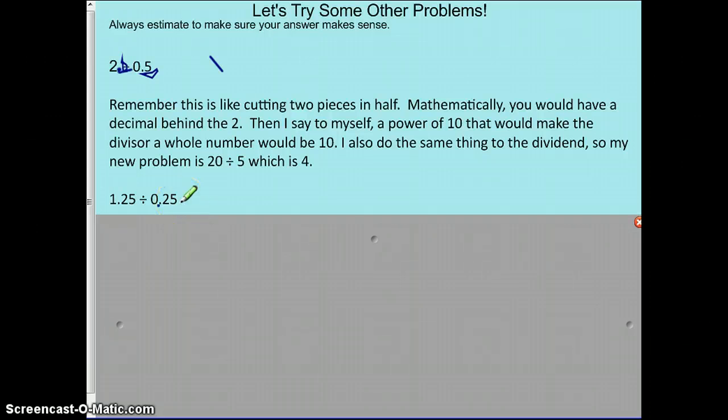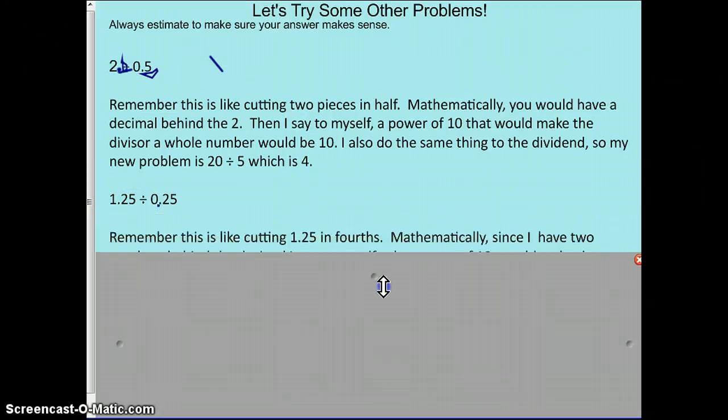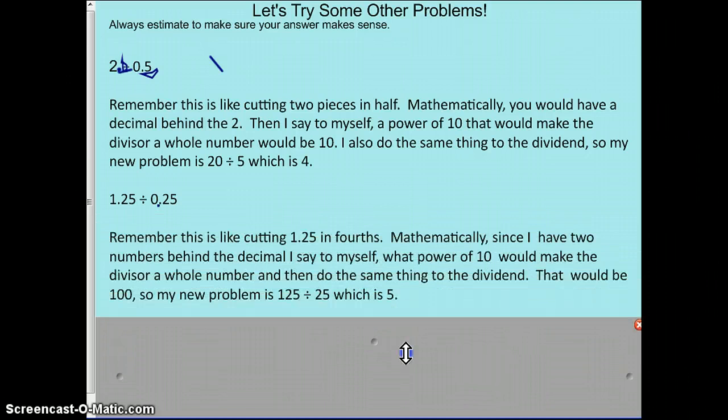It would be right behind here. So it would be 25 now. If I multiply that by 100, because I moved it over 2, then I multiply this by 100. So now my problem is 125 divided by 25, which is 5.